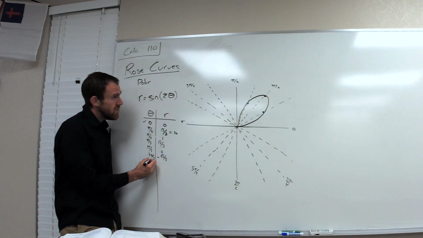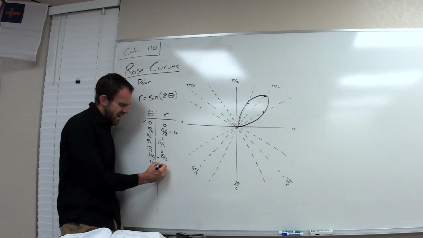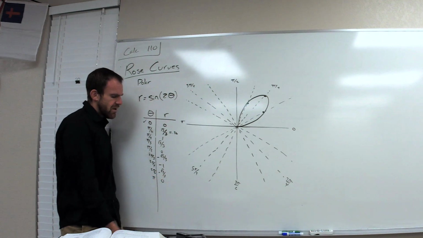Then I would do 3 pi over 4, then 5 pi over 6, and finally pi. What you'll find is this is negative 1, negative root 3 over 3, and 0 again.